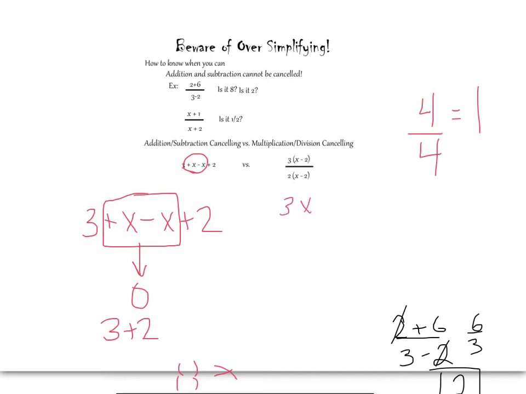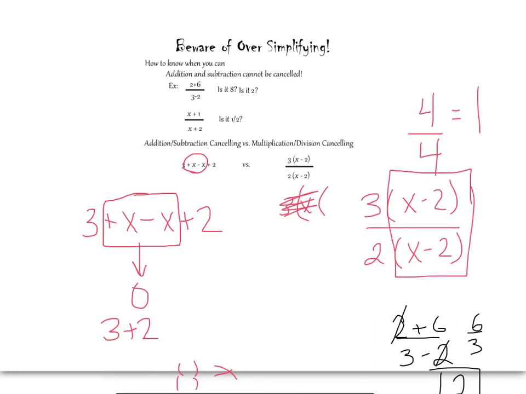So similarly, with that 3 times x minus 2 over 2 times x minus 2, we are turning that x minus 2 over x minus 2 into 1. So you have 1 times 3 over 2. So you may only cancel things that will turn into 1, that are directly over each other, and have multiplication dividing them from everything else.